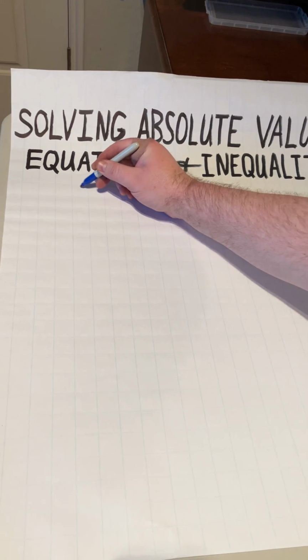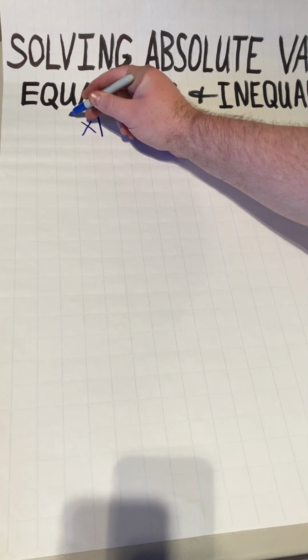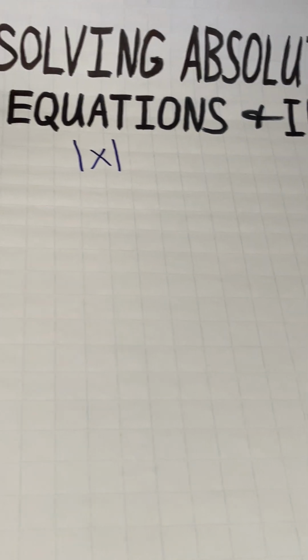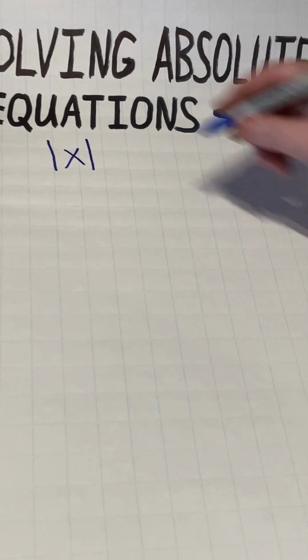But to start out, when we say the absolute value, we probably have heard, oh, the absolute value means both the positive and the negative value of some number, which it does.